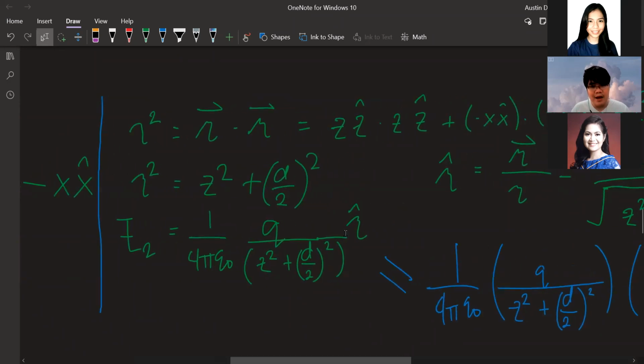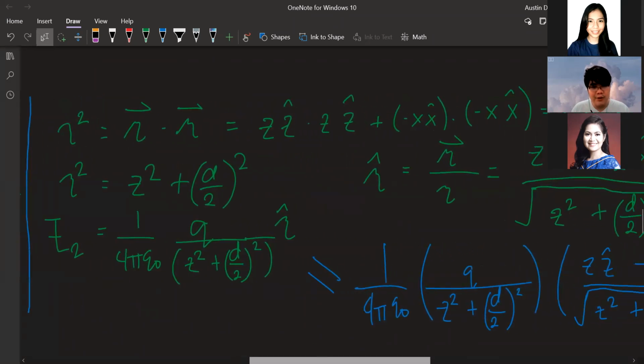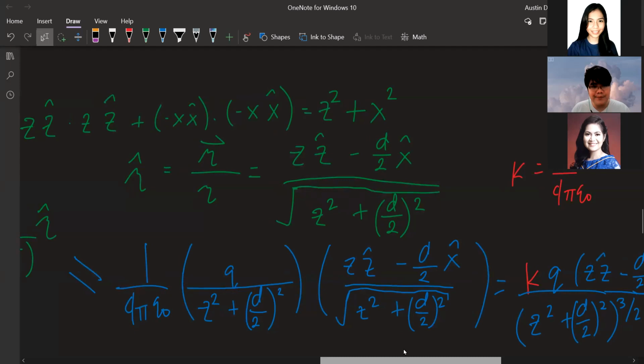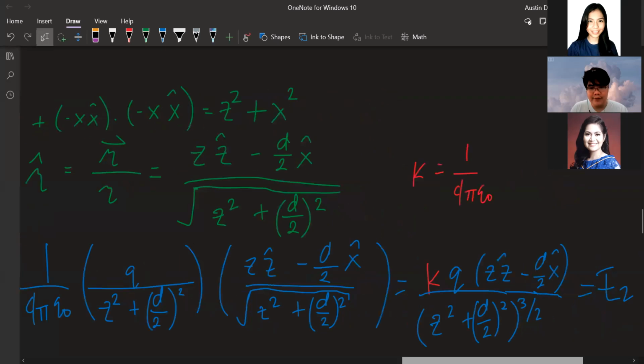Your curly R prime, R hat, will depend on this X hat. So in the long run, all you really need to change is this guy. So thank you, Amina, for your answer.